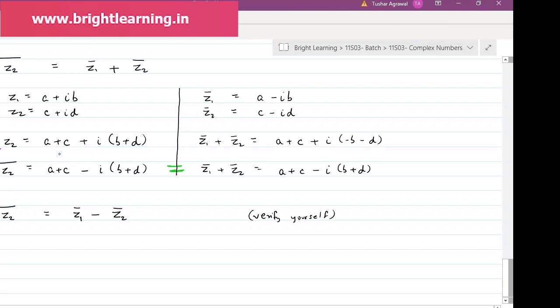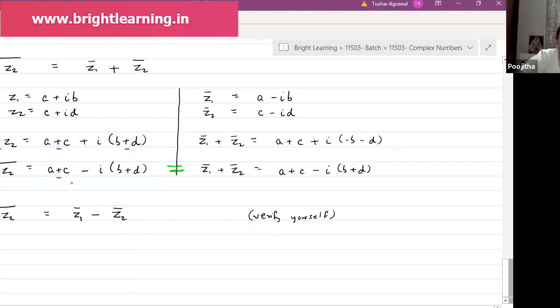When you take Z1 minus Z2, it will be A minus C plus I times B minus D. So Z1 minus Z2 bar is A minus C plus I times B minus D. And Z1 bar is A minus IB, Z2 bar is C minus ID, so Z1 bar minus Z2 bar is A minus C minus I times, and you do the further things.